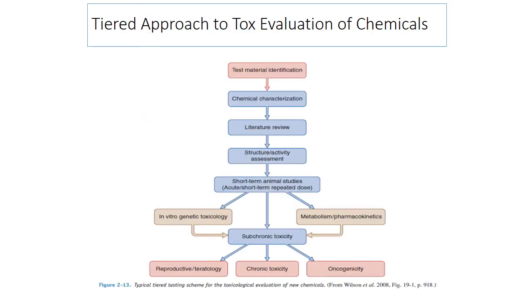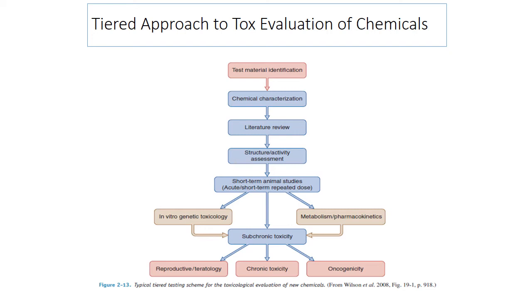So when you look at the way that the FDA, as well as EMA and other competent regulatory authorities, would look at new chemicals coming into the market, or even the way that the pharmaceutical companies would develop their compounds from a toxicological perspective, it follows this pathway: test material identification and then characterization of the chemical, a literature review, structure activity assessments, and these are extremely important.